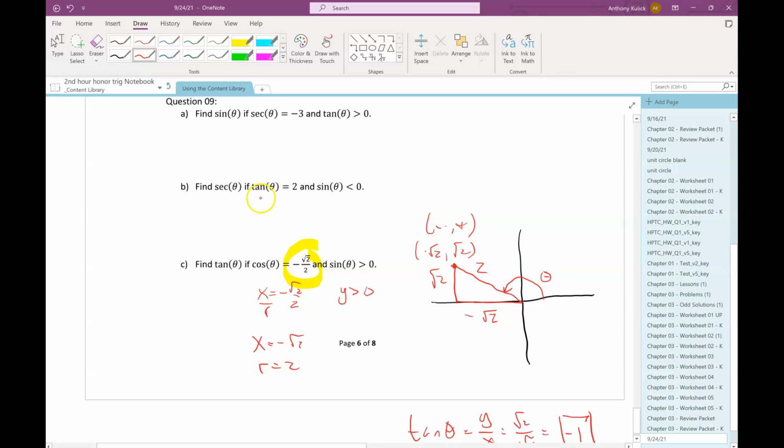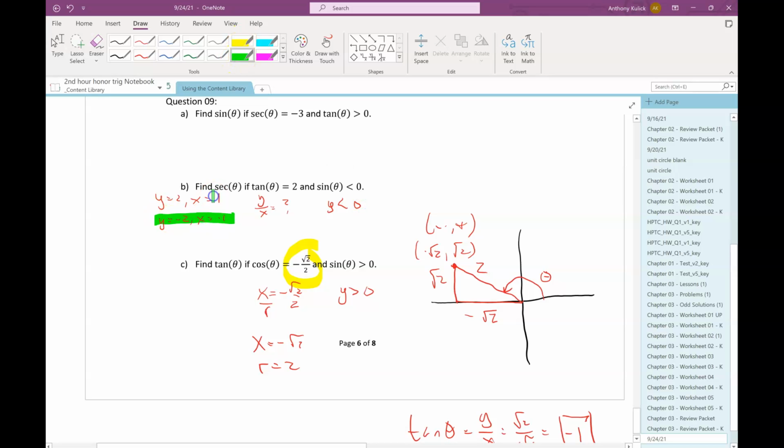So we know that tangent is y over x. So I know that y is 2 and x is 1, or y could be -2 and x could be -1, right? And I know that sine is y, and that's negative.